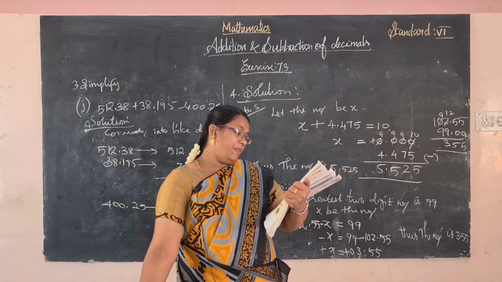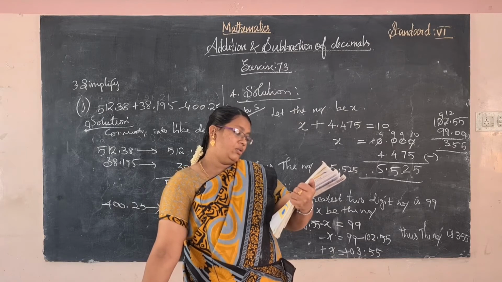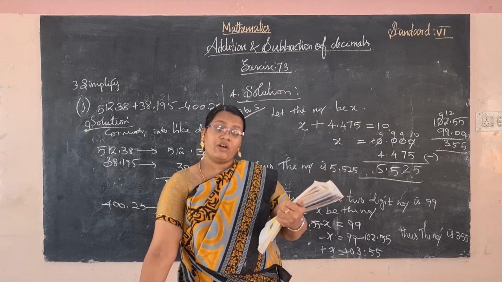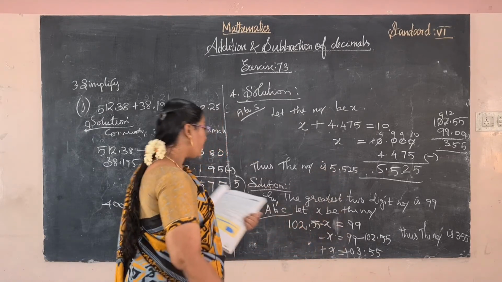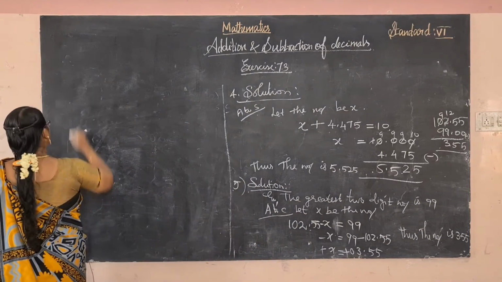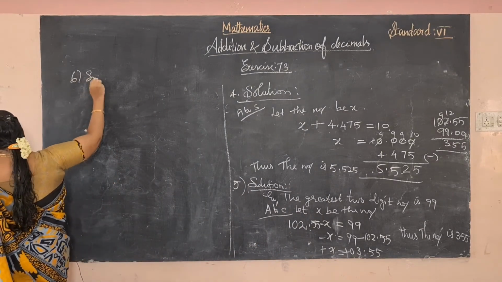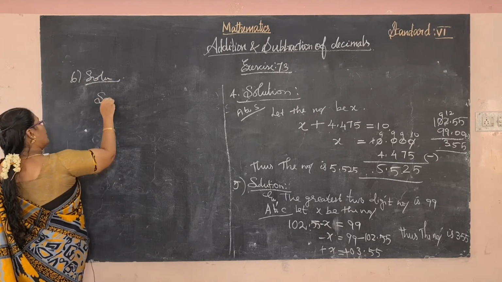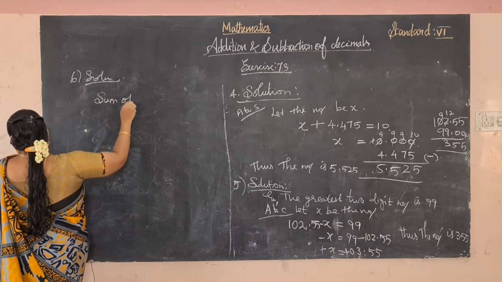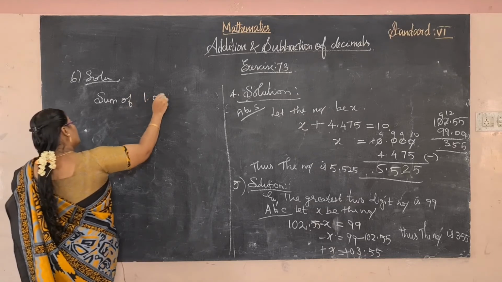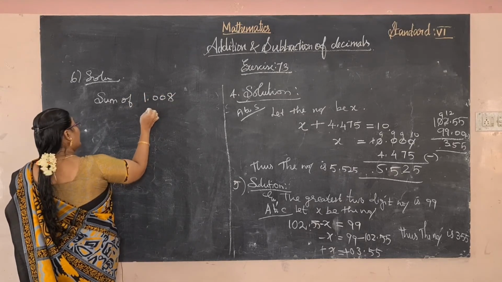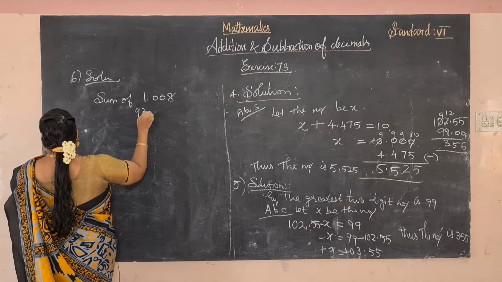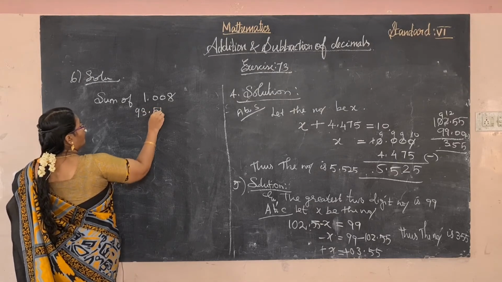And sixth one, subtract the sum of two decimal values as given from 100. Okay, see, subtract sum of, first you have to find out the sum of 1.008 and 93.54.